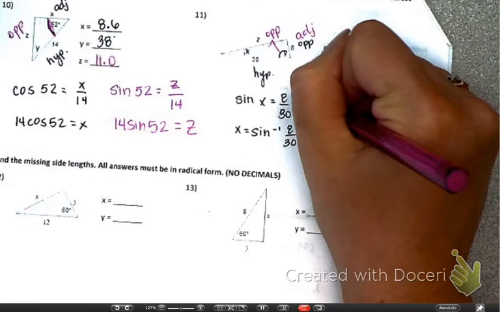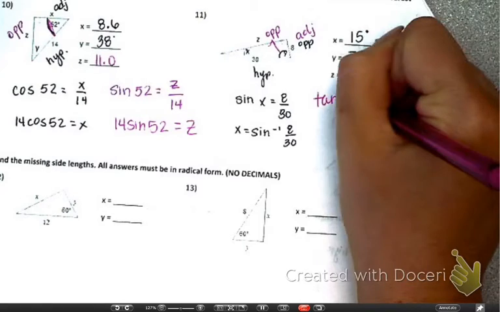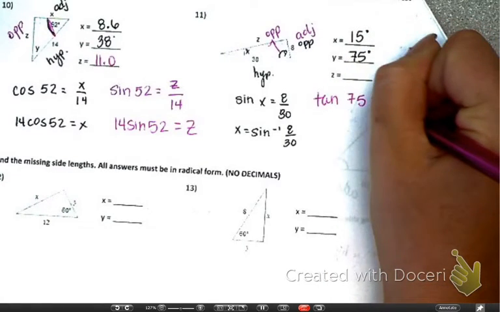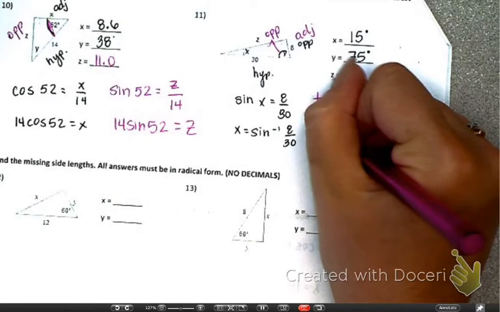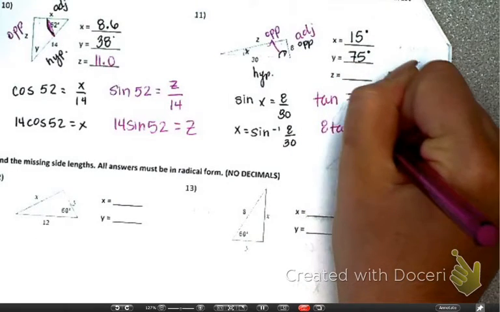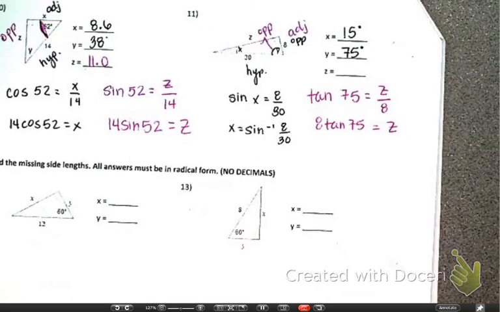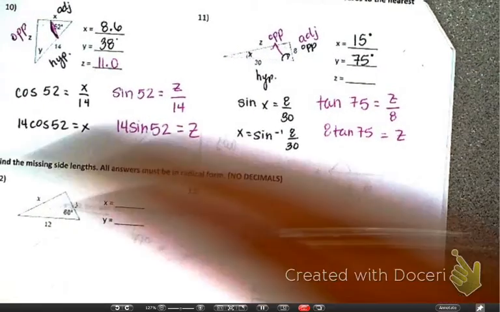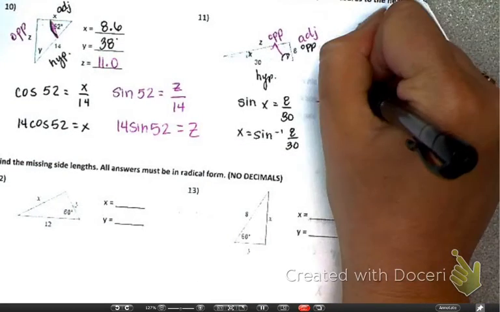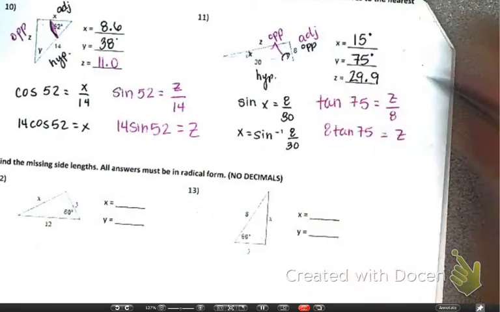So this is tangent. So the tangent of 75 equals the opposite over the adjacent. Now yours may be different, but you should get the same answer. 8 times the tangent of 75, I am getting 29.9.